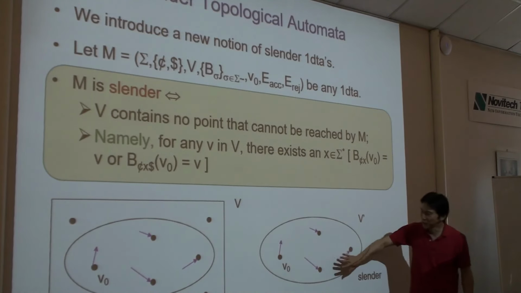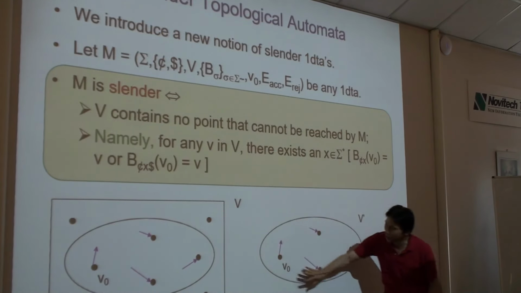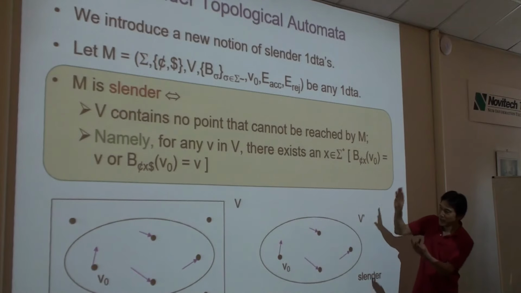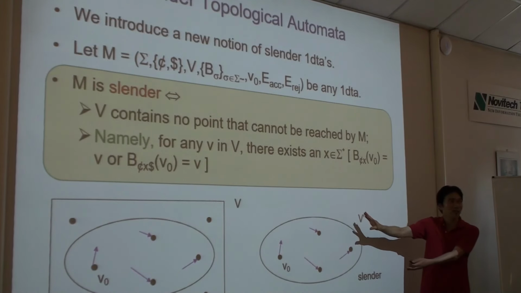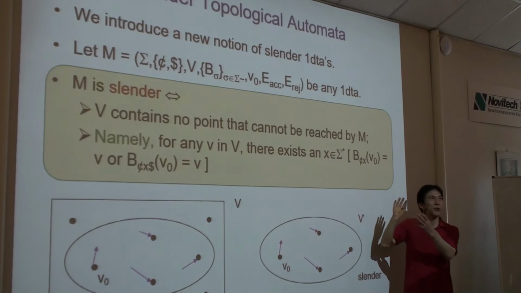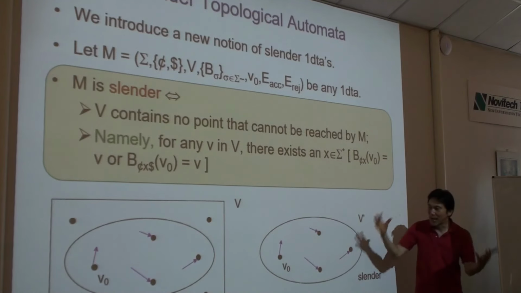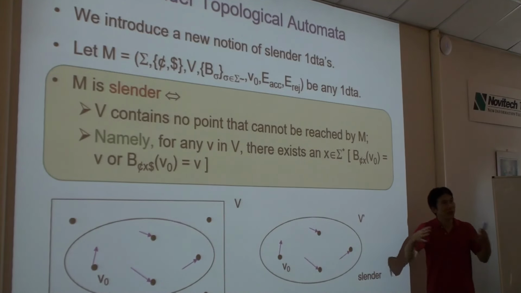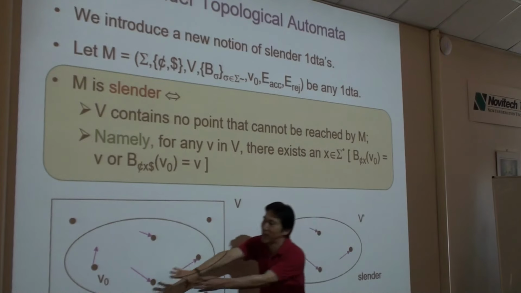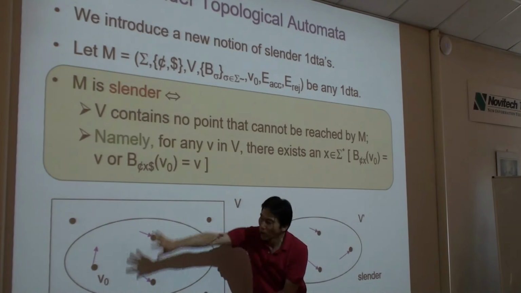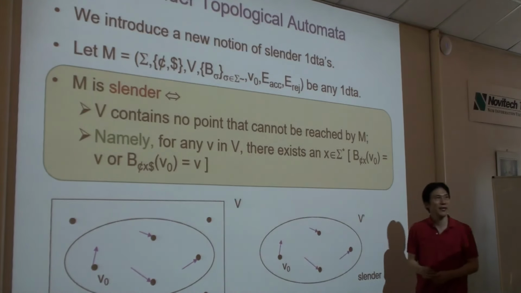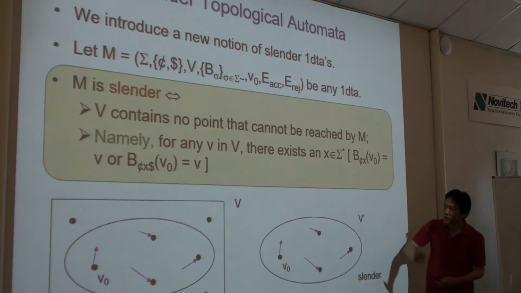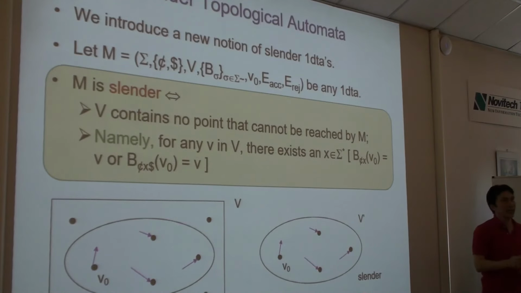So if you just focus on these reachable configurations and consider the topology on this, it reflects the behavior of the machine more precisely than talking about the topology on all points. So from now on, we focus on the slender type DTA.